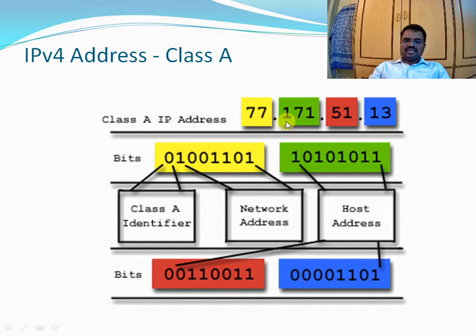Here we can also see a class A address example: 77.171.51.13. If we convert it into a binary number, 77 can be converted like this.